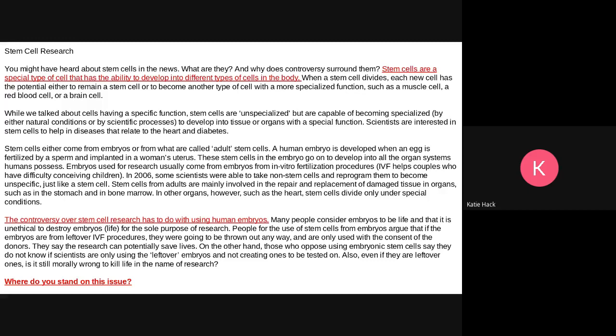That it? Now, why is stem cell research controversial? So you say stem cell research is controversial because scientists use human embryos.